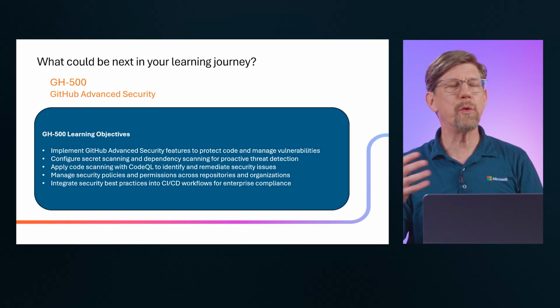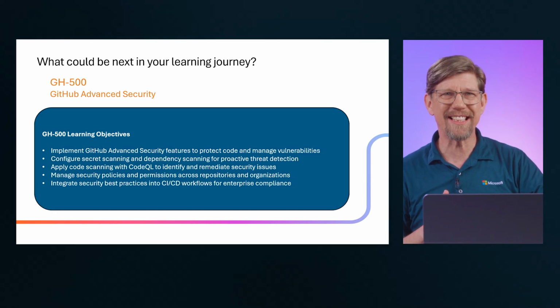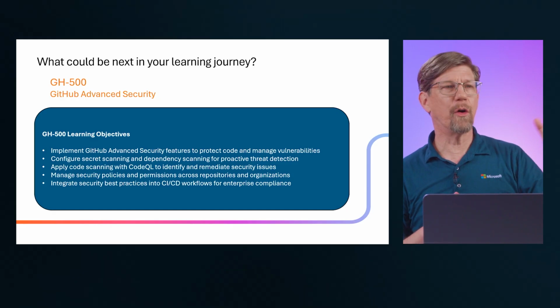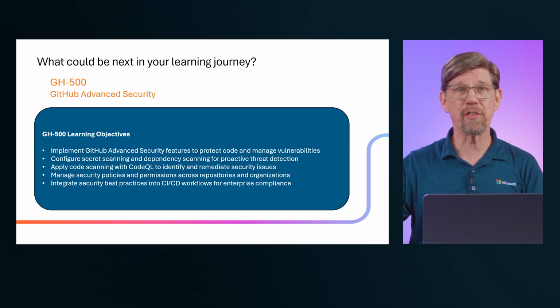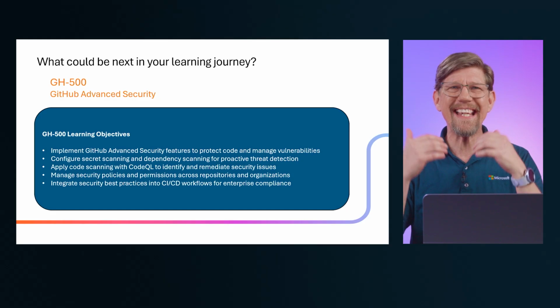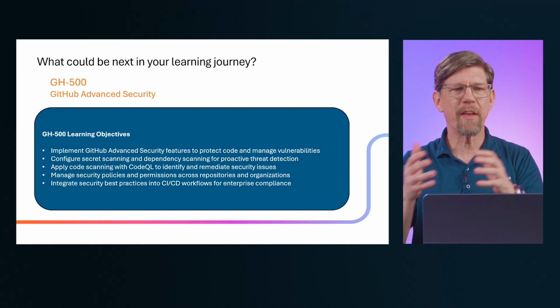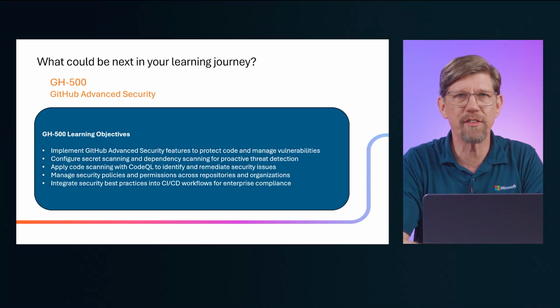What are we going to do to protect ourselves against a bad dependency that might be a license violation or might be a security risk? Well, we've got tools inside of GitHub that are easily invoked from our actions that you do take a look at in the GH-500 Advanced Security class.